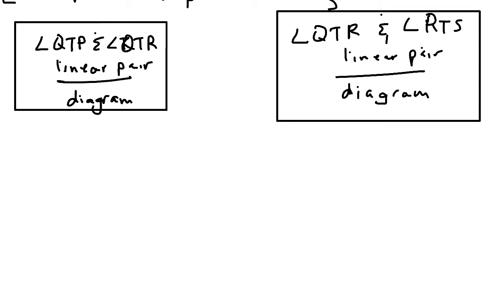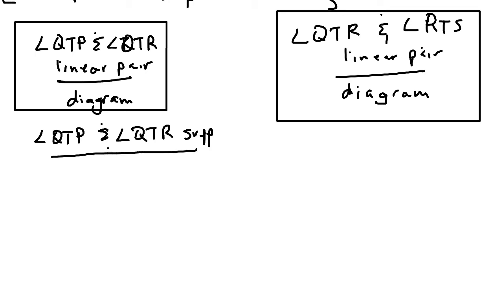So I'm going to tell you now that angle QTP, that's a P, and angle QTR are supplementary. Let's see if we can squeeze that in over here. And how do I know that? I know that because that's what the linear pair postulate says.